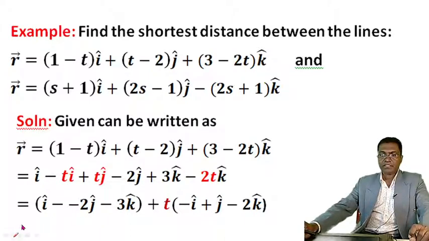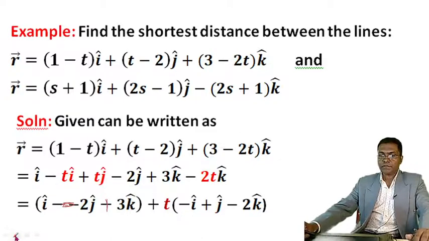So make one correction out here. This you make as a minus and this is your plus 3k.